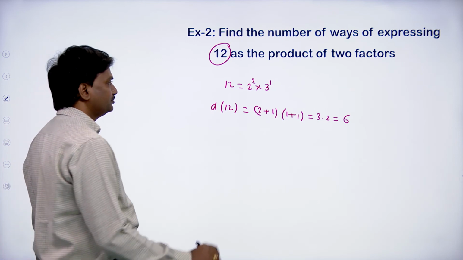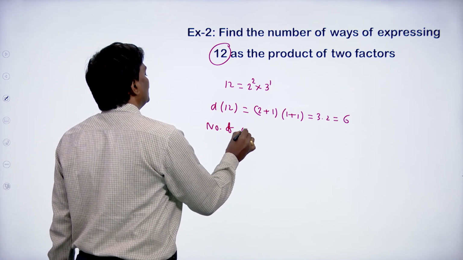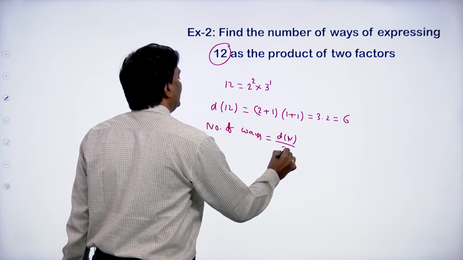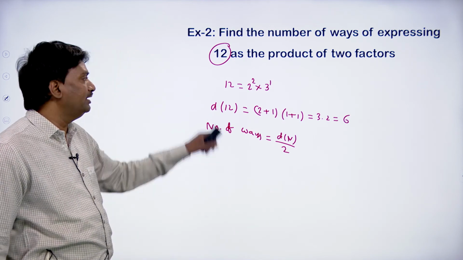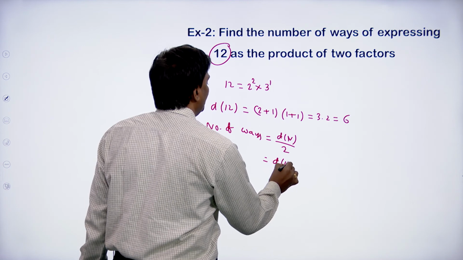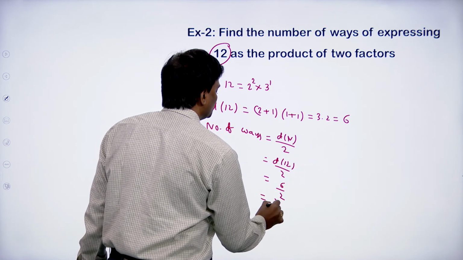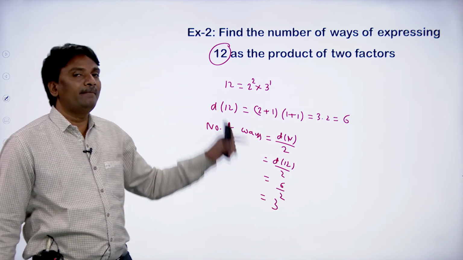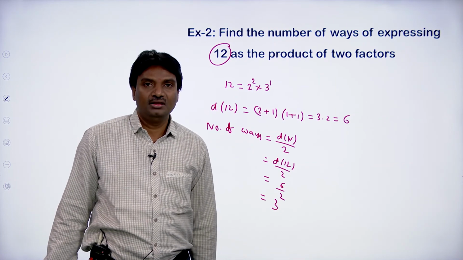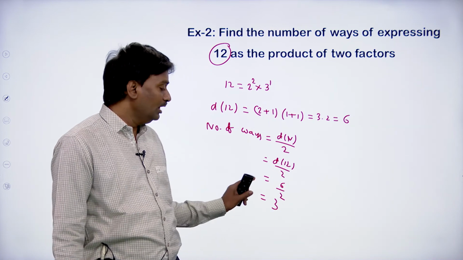Now the number of ways: the formula is d(n)/2, because n is 12, which is not a perfect square. So d(12)/2 is 6/2, which is 3 ways. So we can express the number 12 as the product of two numbers in 3 ways.